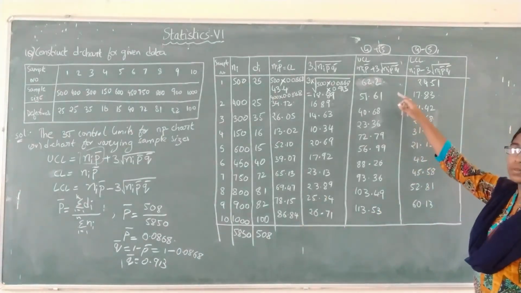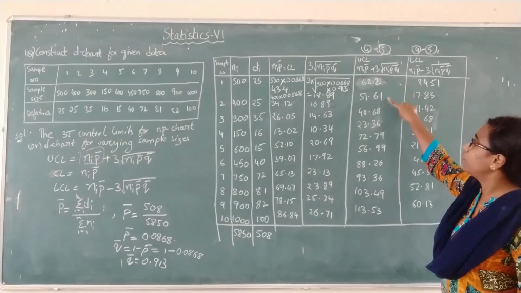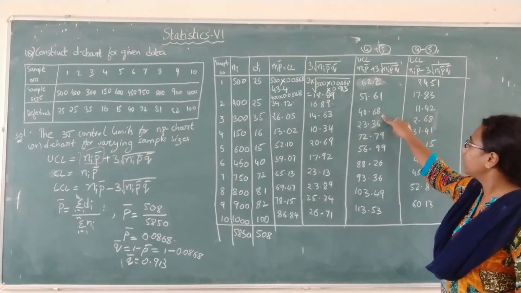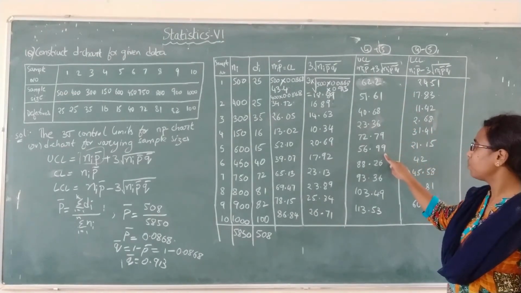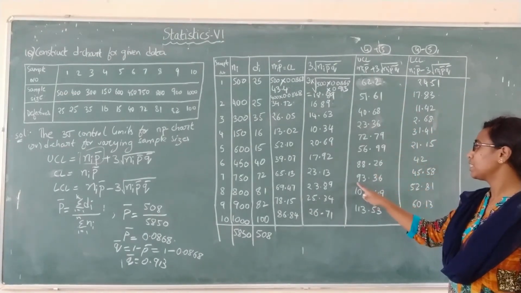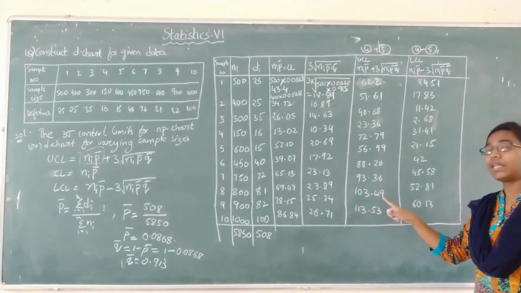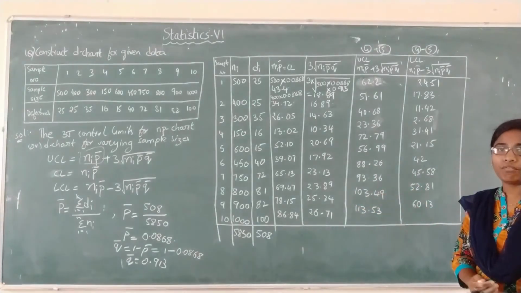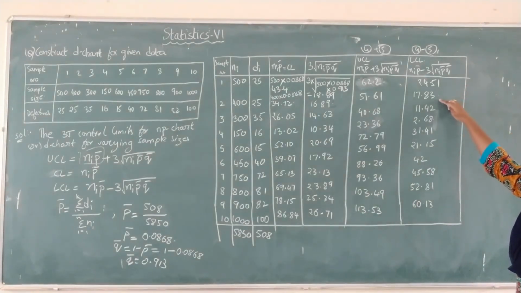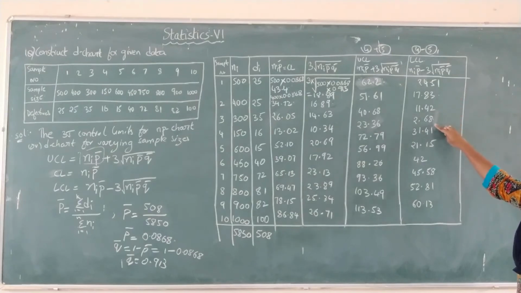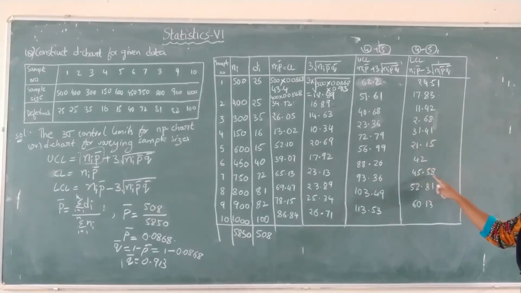Next, coming to the UCL values: 62.2, 51.61, 40.68, 23.36, 72.79, 56.99, 88.26, 93.36, 103.49, 113.53. Coming to the LCL: 24.51, 17.83, 11.42, 2.68, 13.41, 31.41, 21.15, 42, 45.58, 52.81, 60.13.